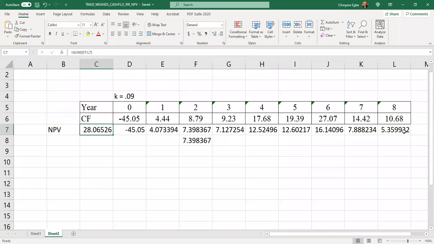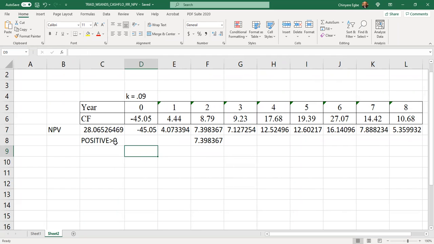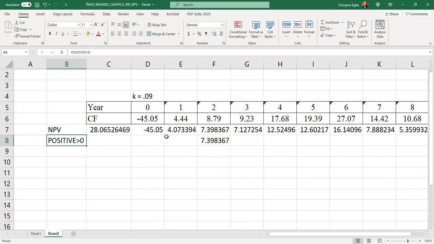Here we have a positive NPV, it's greater than 0. And so we accept the project. If the NPV was negative, less than 0, we would not accept the project.